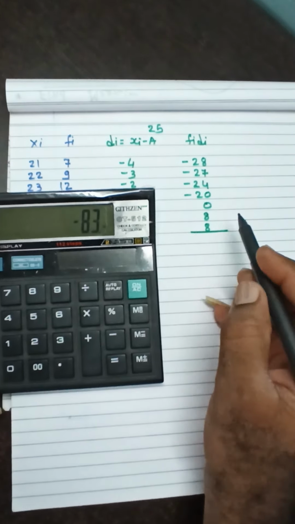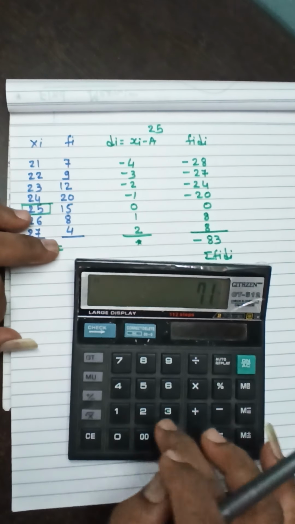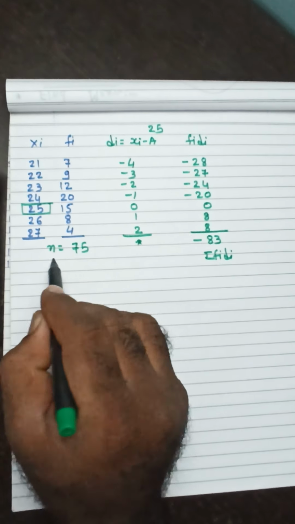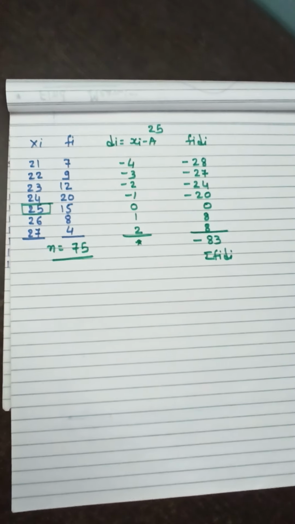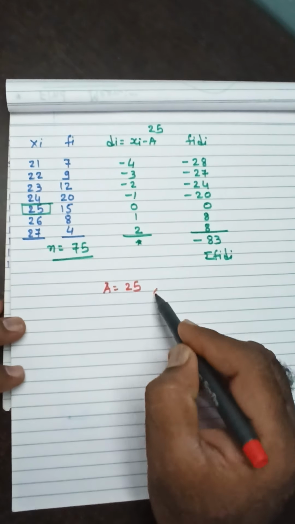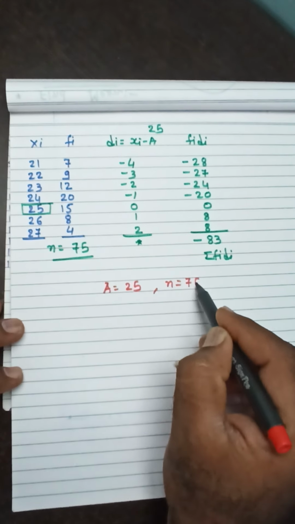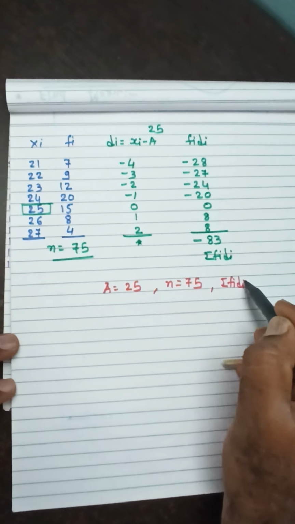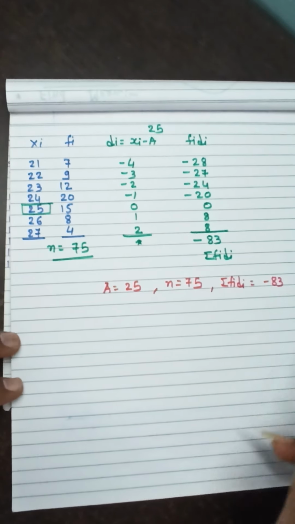Now the total of frequency means we will get n from this. 7 plus 9 plus 12 plus 20 plus 15 plus 8 plus 4. The total is 75. We have assumed 25, n is equal to 75, and sigma fi di is equal to minus 83.